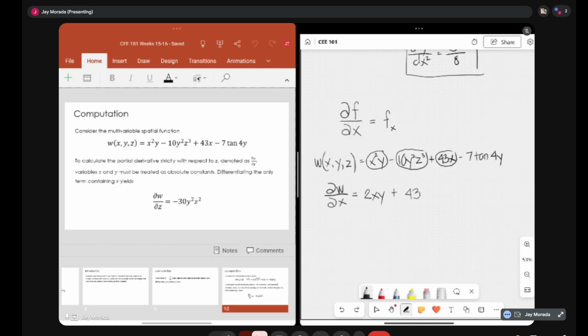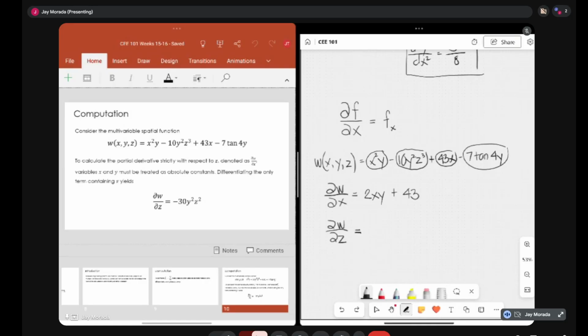Okay, next, what about the partial w partial z? So the first term is a constant. Since there's no z in that term, for the second term, we have to leave out 10y squared in the differentiation.